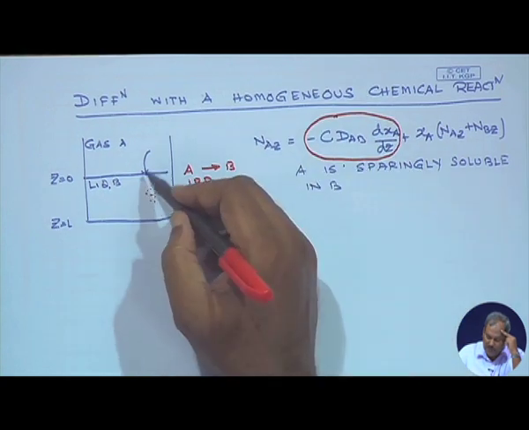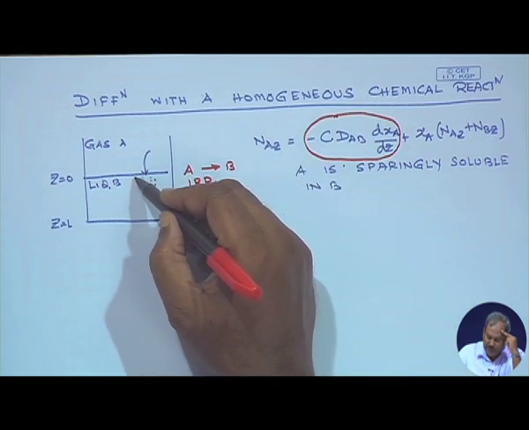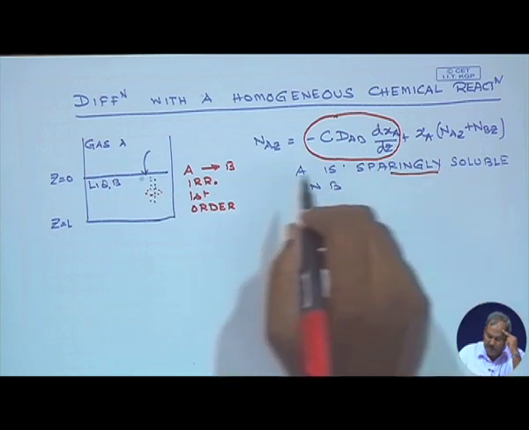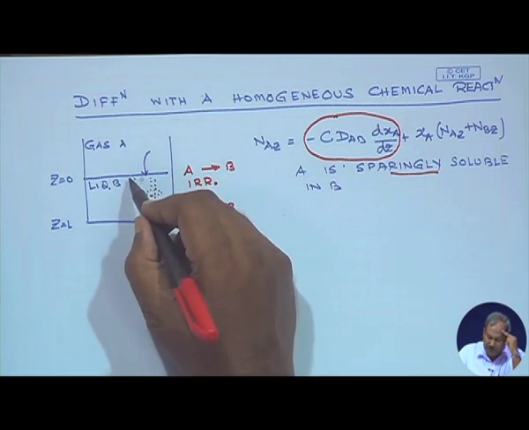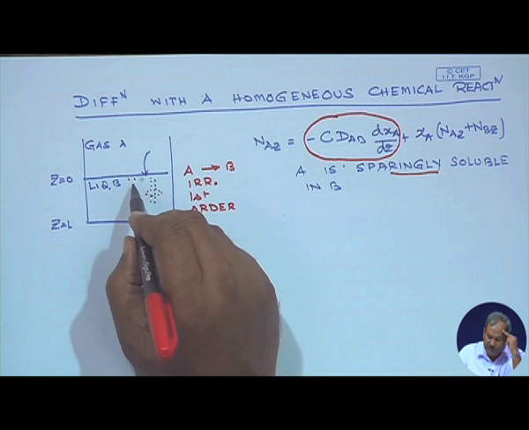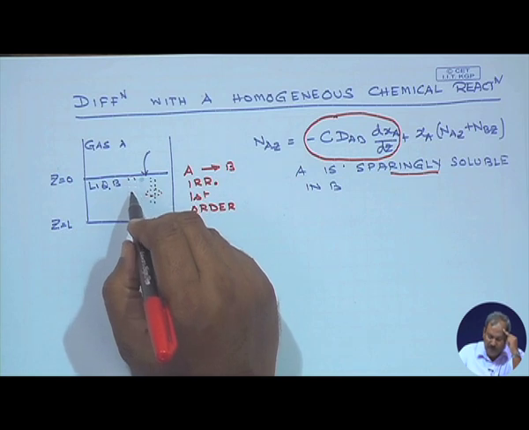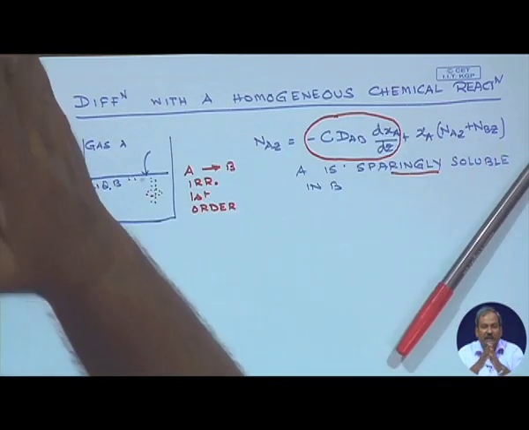The A molecules are small in number due to the sparingly soluble nature of A in B, so the small numbers of A molecules getting dissolved in B cannot create a convective current. The entire process can therefore be treated as a diffusion only process.